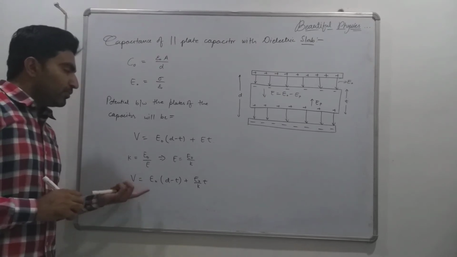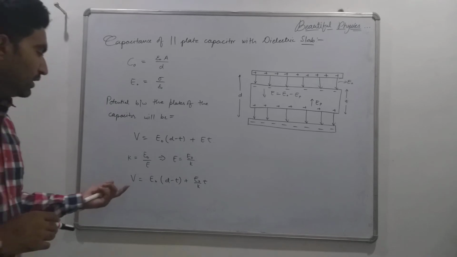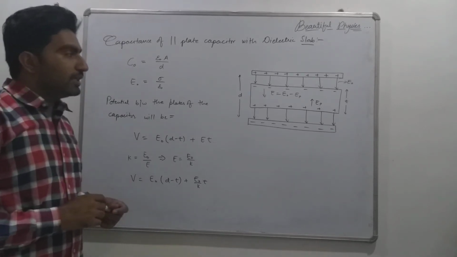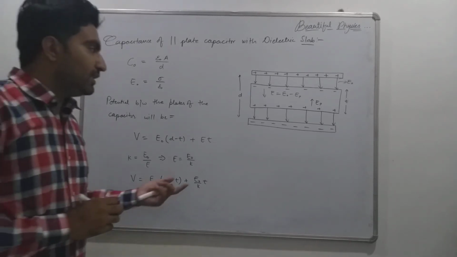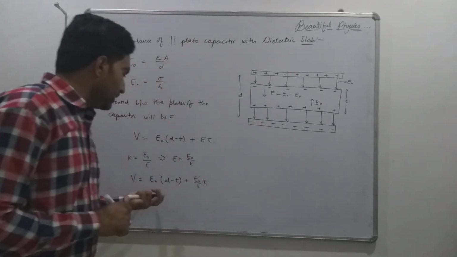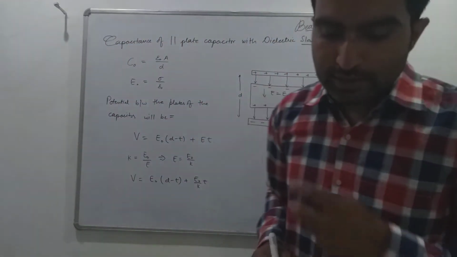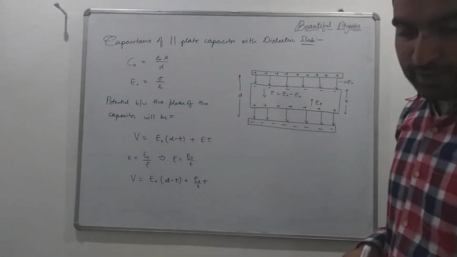So this is the potential between the plates, and now we have to find the capacitance, and we know that the capacitance C is equal to Q upon V. So we have to find the value of charge here also.